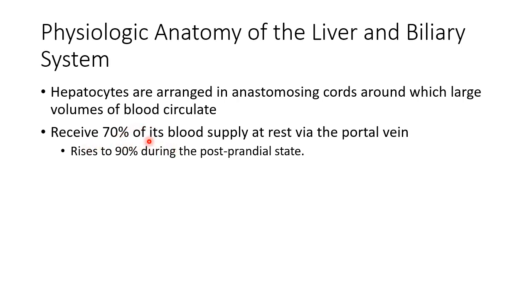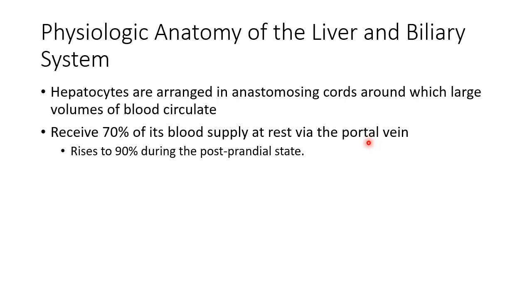So, please take note of this. Majority of the blood that goes into the liver comes from the portal vein. But by concentration, volume per volume, the amount of oxygen would be lower in portal venous blood.